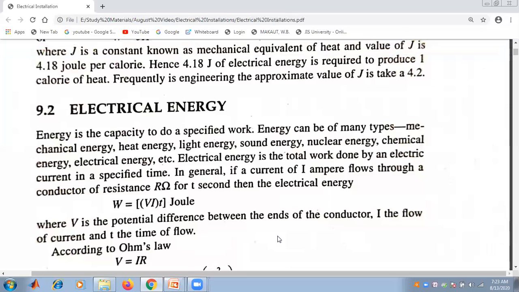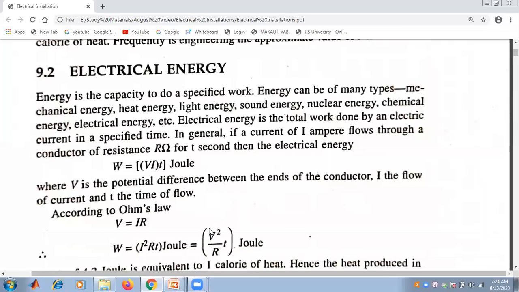In general, if a current of I ampere flows through a conductor of resistance R ohm for T seconds, then the electrical energy is W equal to VIT joule, where V is the potential difference between the ends of the conductor, I is the current, and T is the time of flow.